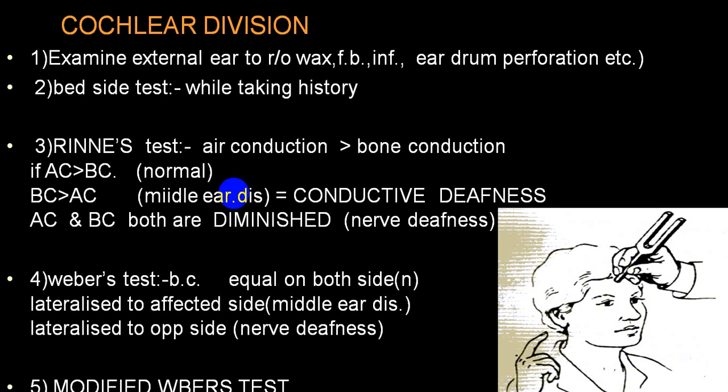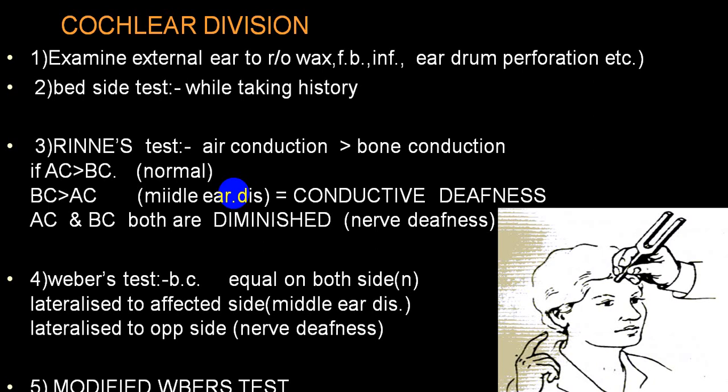And if it is lateralized to the opposite side, that means on the opposite side the person has bone conduction better than the normal side. That is indicative of nerve deafness. And that will be very peculiar in a person where both air conduction and bone conduction are diminished.